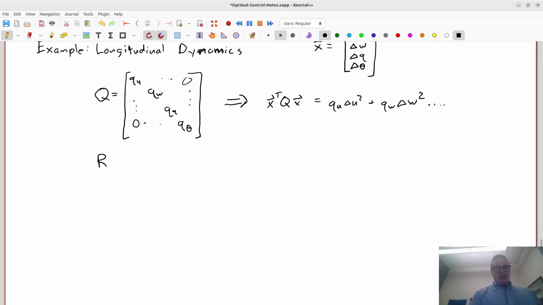And then the R matrix, I guess we could call this like the control penalty matrix, would have an entry for delta E, the elevator, and delta T, the throttle.